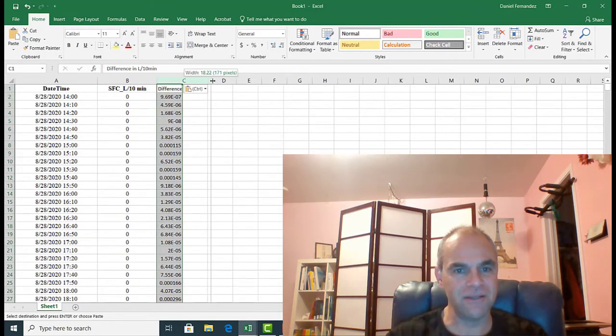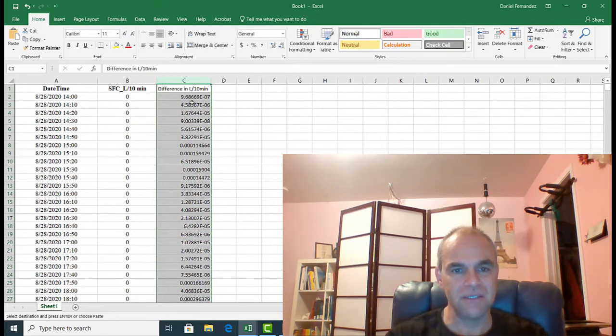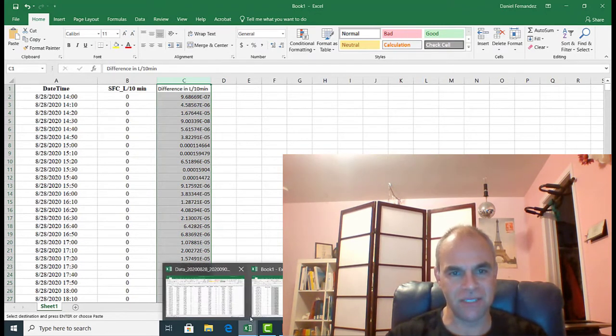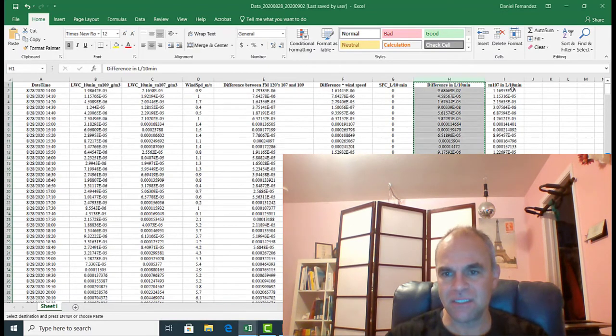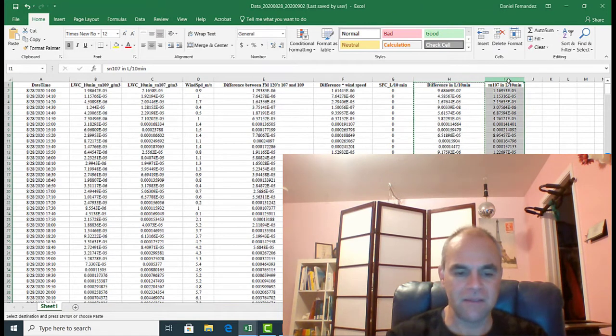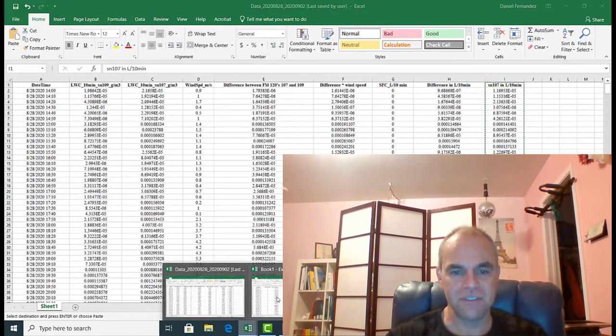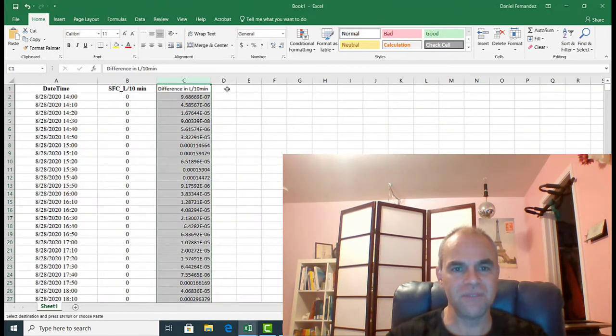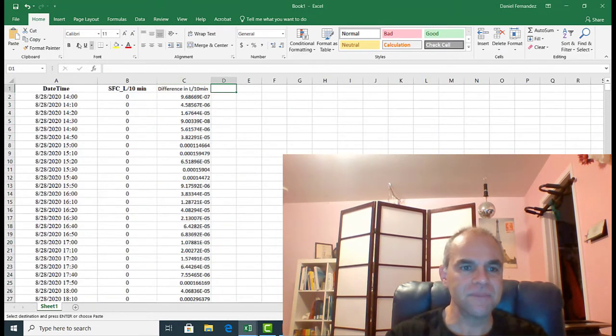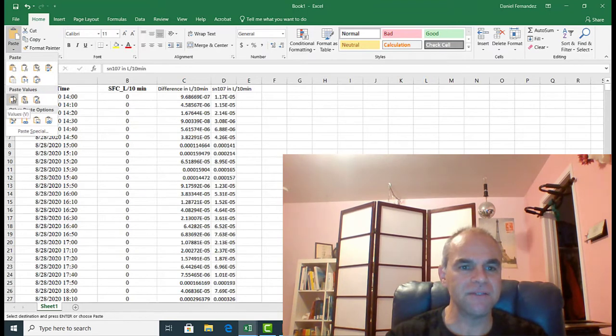If I put the formula in there, it's going to give me something ridiculous. So this looks like the same numbers that are in the previous spreadsheet. You can check that to make sure you have it right. And then finally, column D is going to be column I, copy, and again, I'm going to have to paste the values so I don't get the formula giving me some weird number. So paste values.